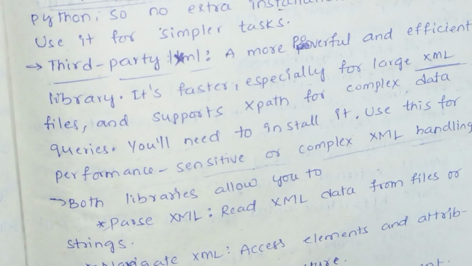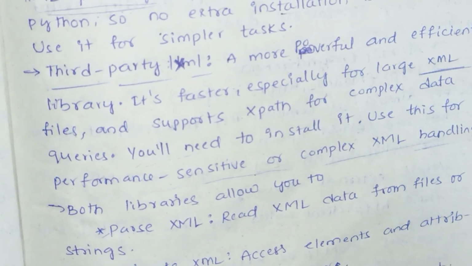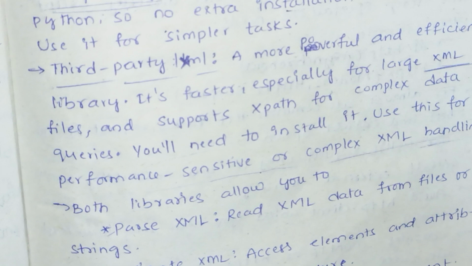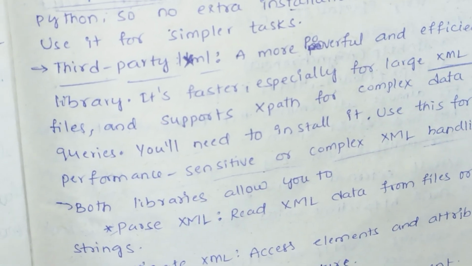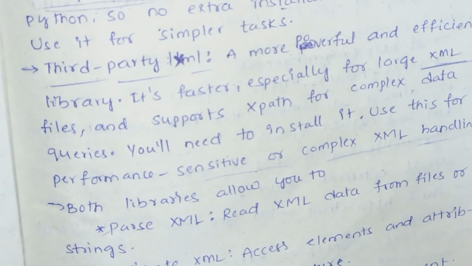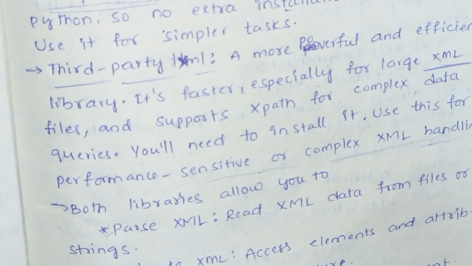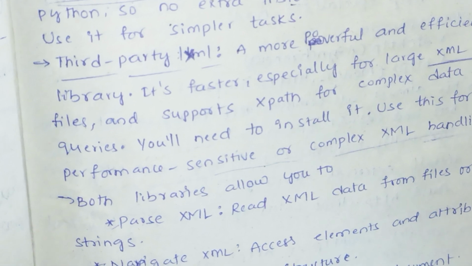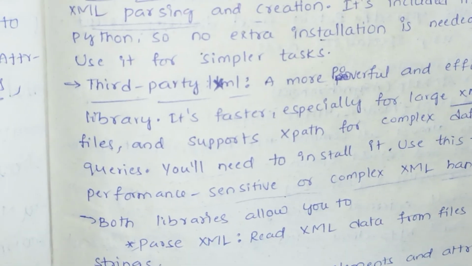Why? Because, as I already told, that is just for basics and simple tasks only, like simple, small files. Whichever simple tasks are present in XML with Python, those will all be handled by the built-in.